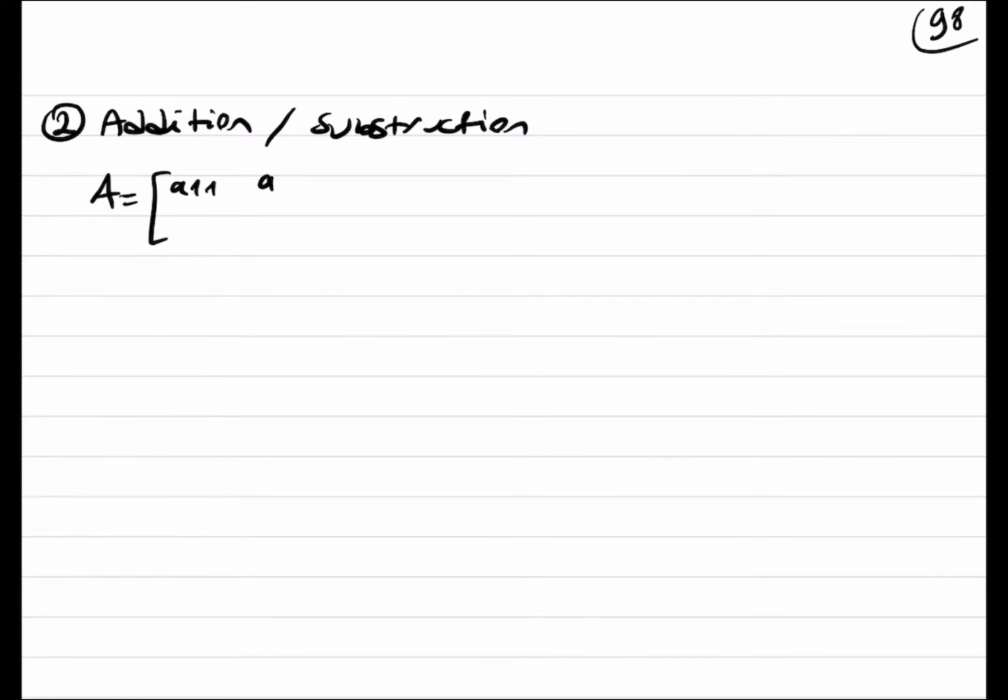Okay, let's continue. The second one is addition and subtraction. This is so easy. Let's do it with 2 by 2 matrices, but it is true in general. If you have two matrices, how do we add them?